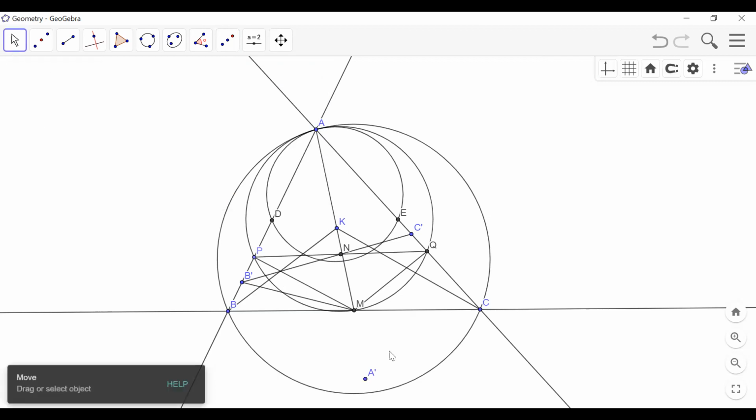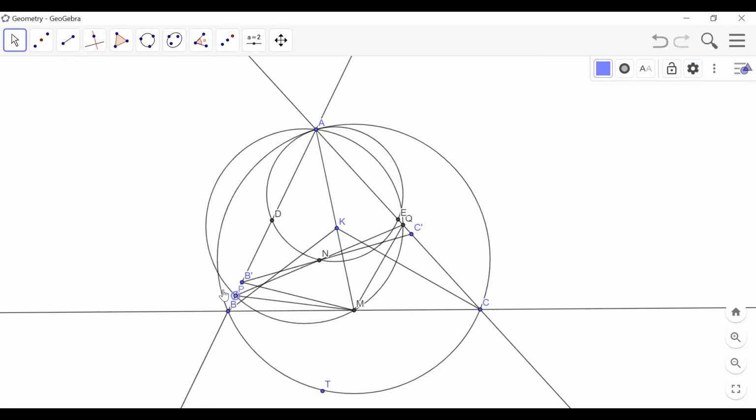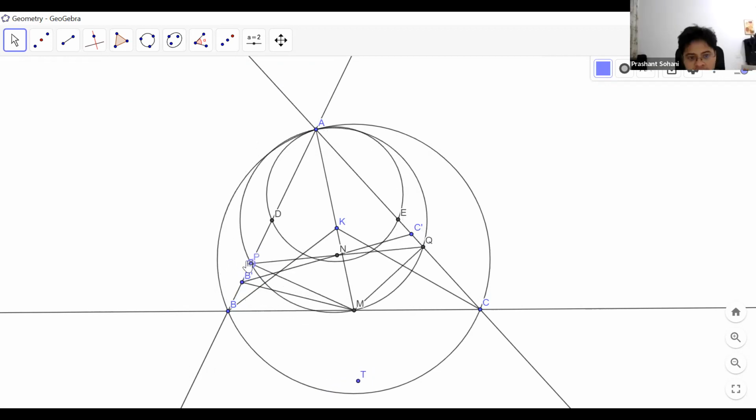That's point T. Okay, N is the midpoint of PQ. Yes.